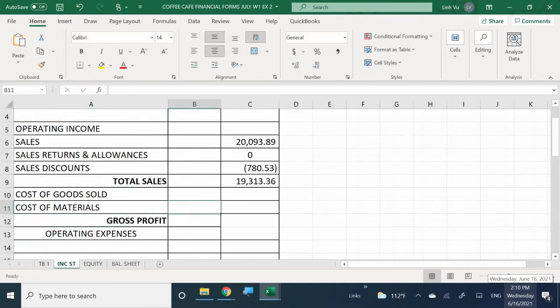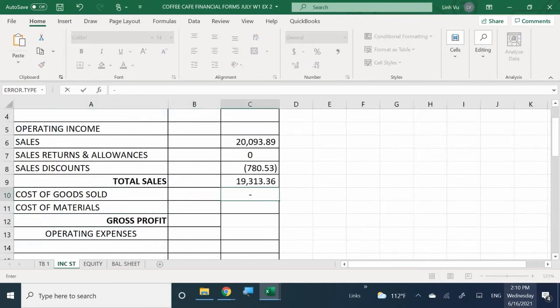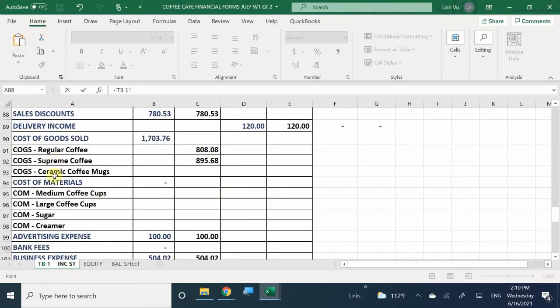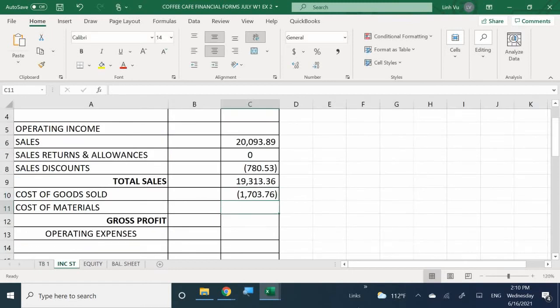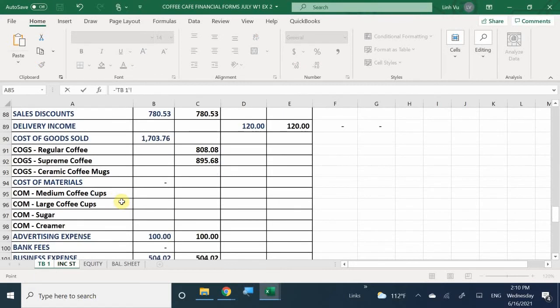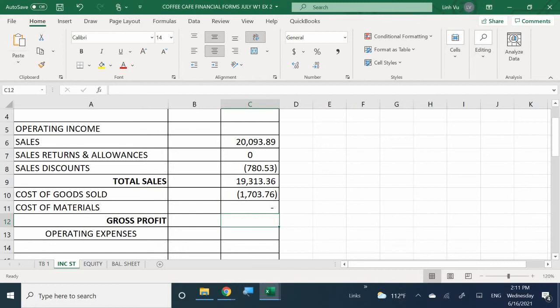So what is my total cost of goods sold that I have right now? $1,703.76. And what is my total cost of materials? 0. Right now it's 0 because we haven't reached the end of the given period yet.